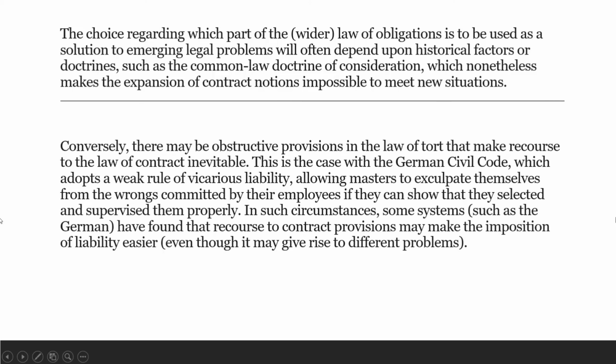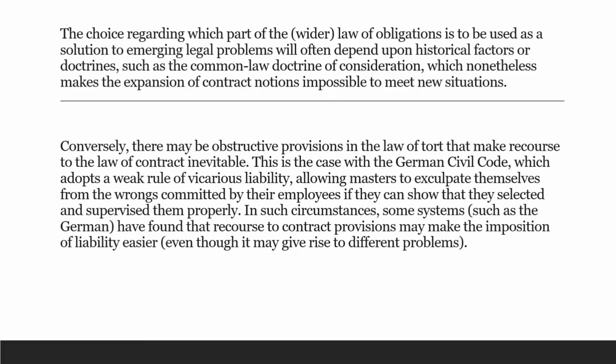The choice regarding which part of the law of obligations is to be used as a solution to emerging legal problems will often depend upon historical factors or doctrines, such as the common law doctrine of consideration, which nonetheless make the expansion of contract notions impossible to meet new situations. Conversely, there may be obstructive provisions in the law of tort that make recourse to the law of contract inevitable.